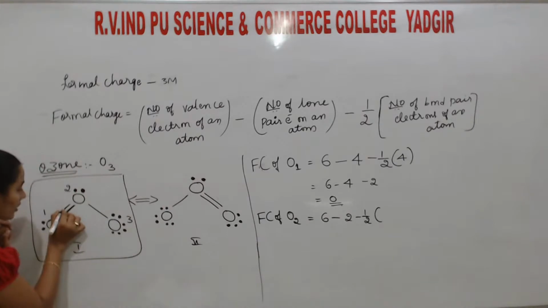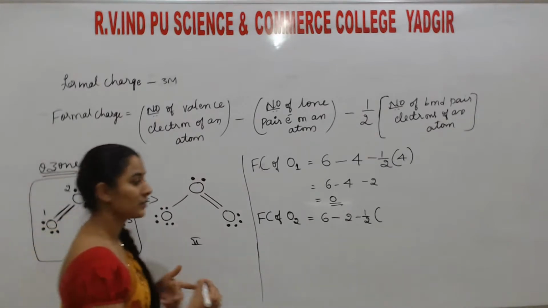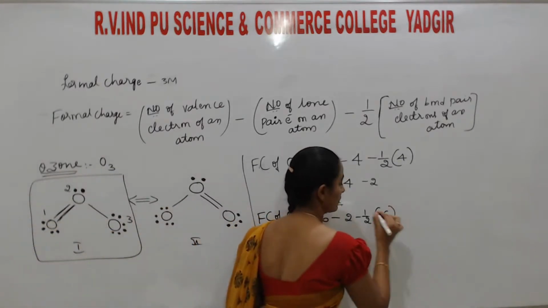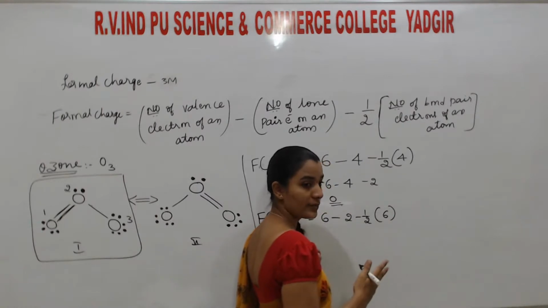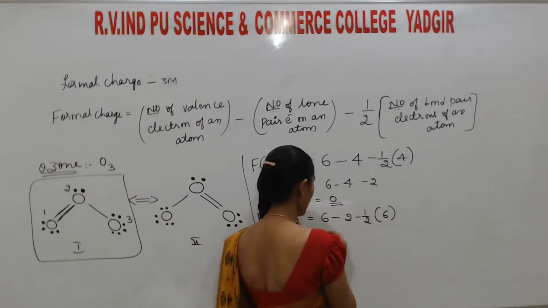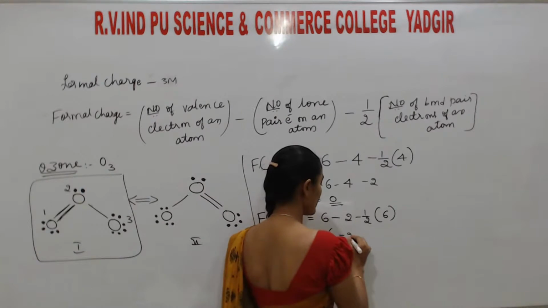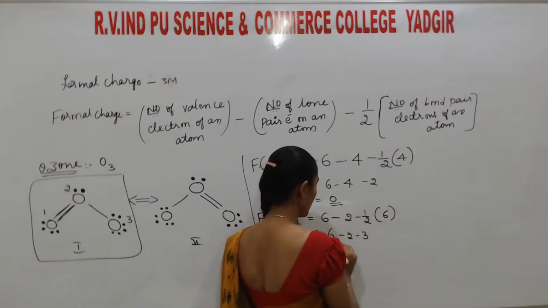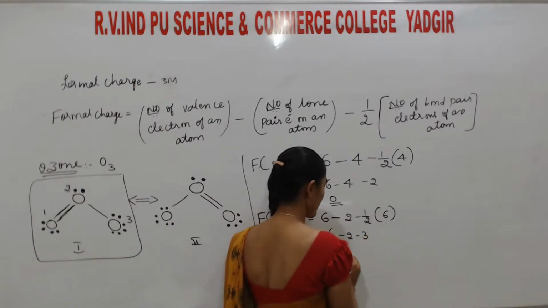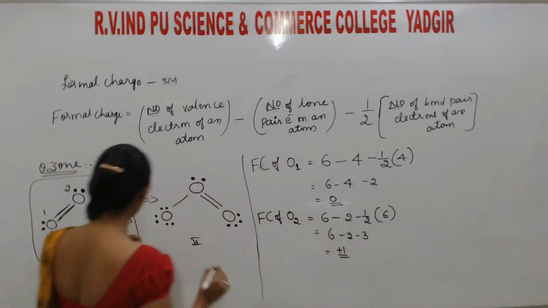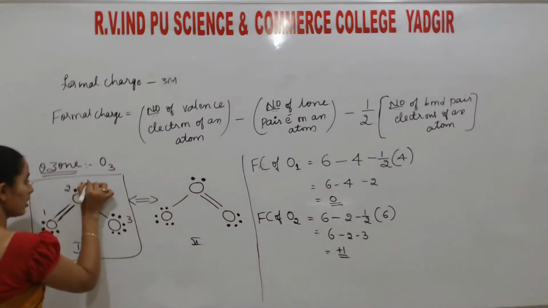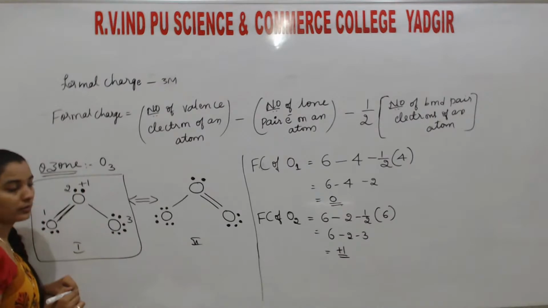Here 3 bonds are there, 1, 2, 3, means 6 electrons. Then it is 6 minus 2 minus 3, that is 6 minus 5, plus 1. So the formal charge on this oxygen atom is plus 1.